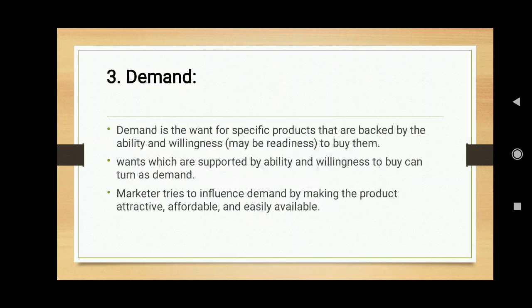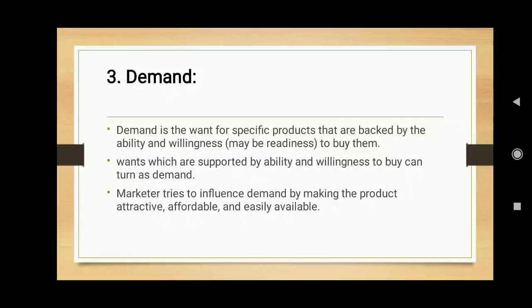So as a marketer or as a manufacturer, they try to influence demand by making products which are affordable and attractive. Attractiveness turns into willingness to buy. Affordability creates capacity to buy, right?